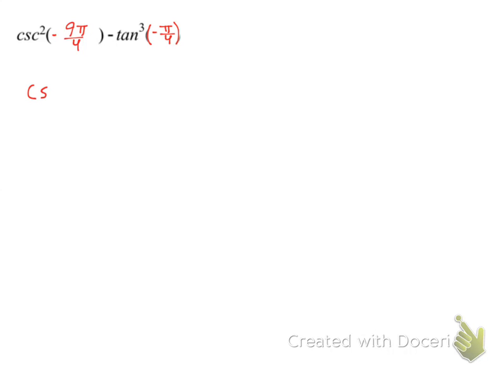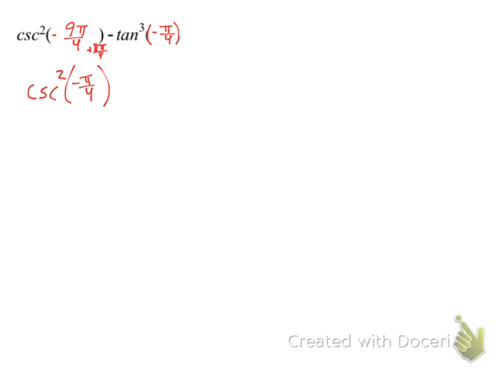This becomes cosecant squared of what? You can add 8 pi over 4, because that is 2 pi, and you get negative pi over 4. Oh, that's interesting. That's in the same exact spot. So when I fix this one, the other ones are going to be fixed as well, right?